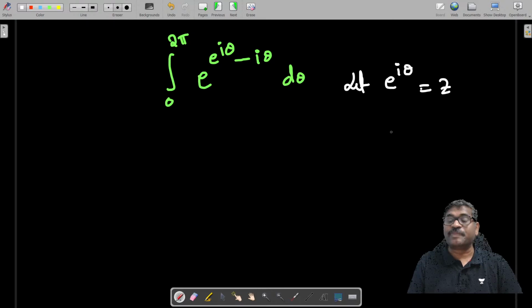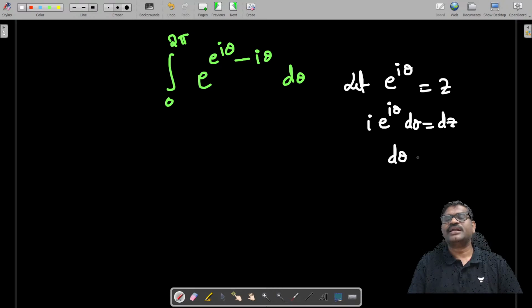If you take e power i theta as z, i into e power i theta d theta equals dz, so d theta equals dz by i e power i theta, that is d theta equals dz by iz.